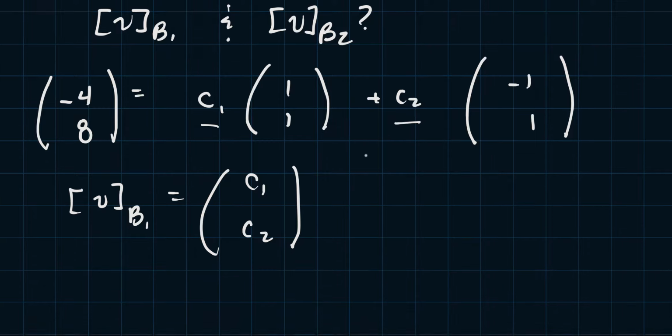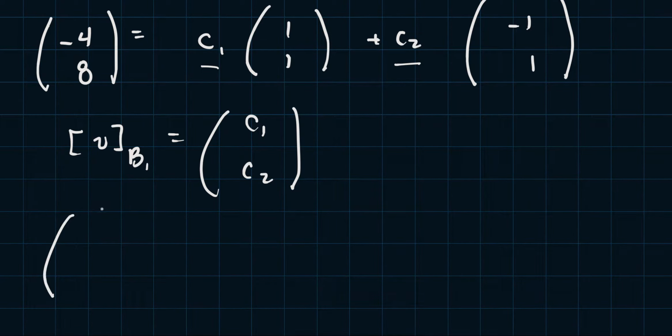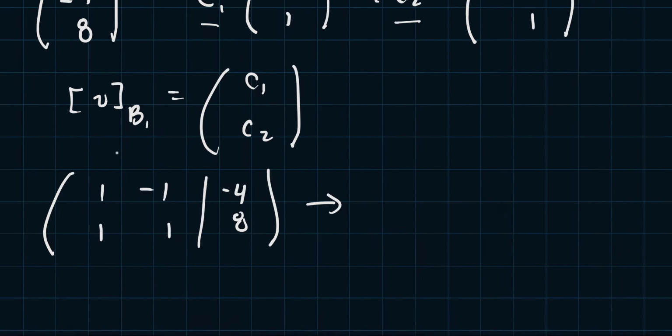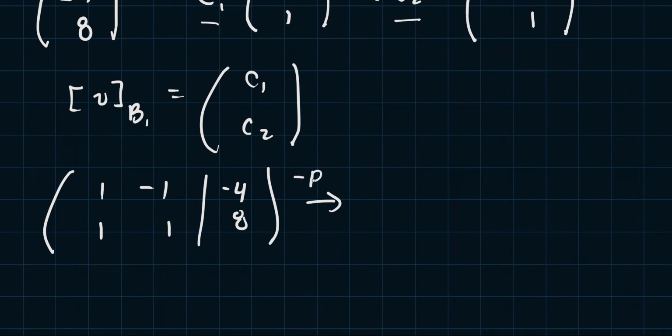So let's do this. How we're going to find the C1 and the C2 is we're going to make an augmented matrix and put that augmented matrix in reduced row echelon form. This one is easy. All we have to do is subtract row 1 from row 2. We did this also before in the last video.